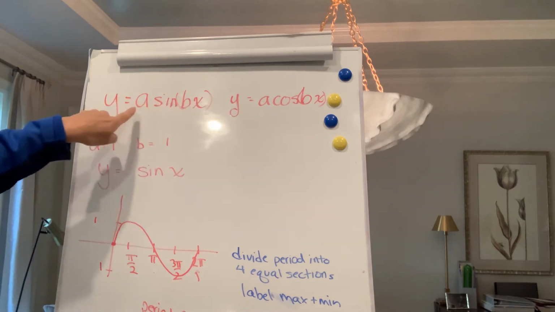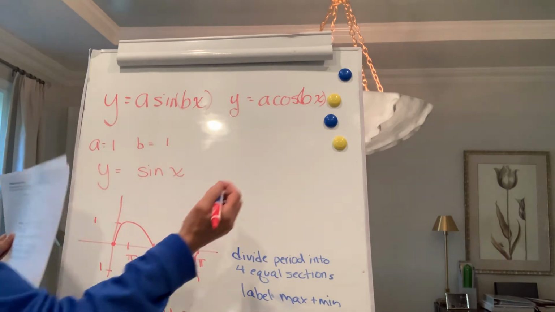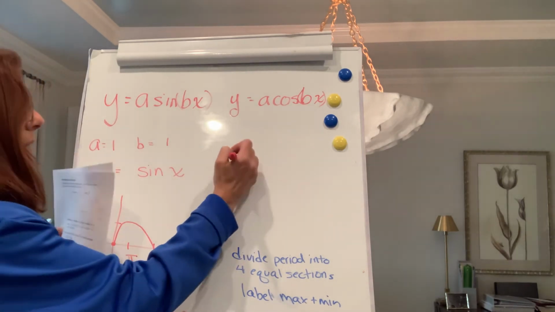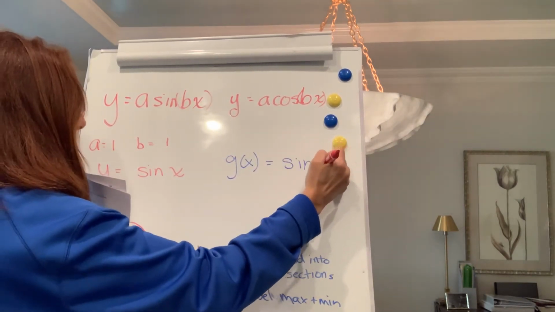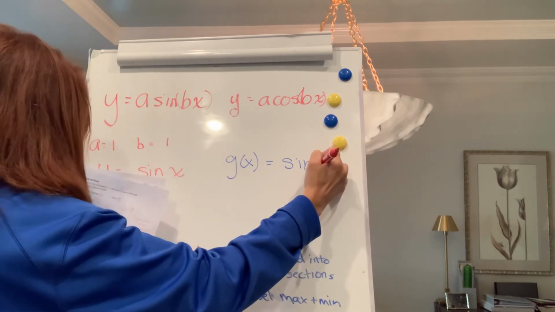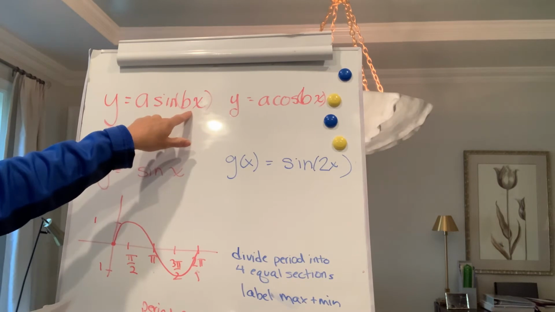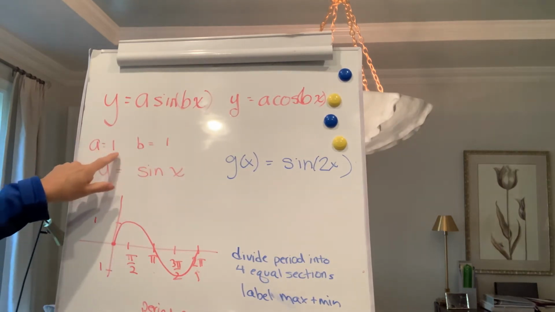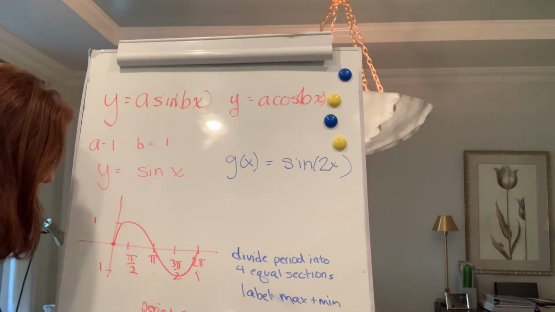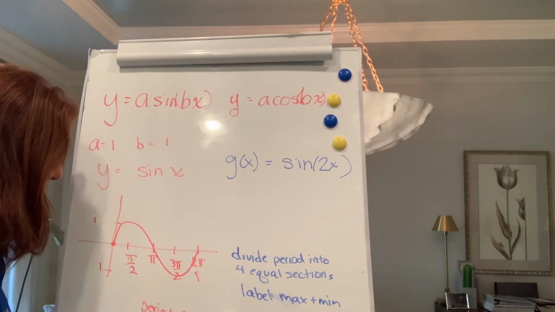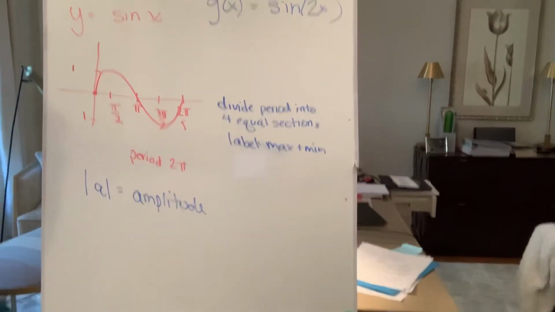Now, if I change these numbers at all, so let's say, for example, I do the function g of x equals the sine of 2x. All right, so now I've added a b, okay? My a is still 1. The absolute value of a stands for the amplitude. A for amplitude.